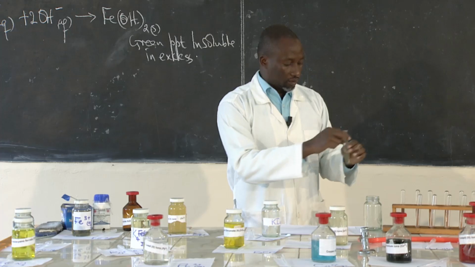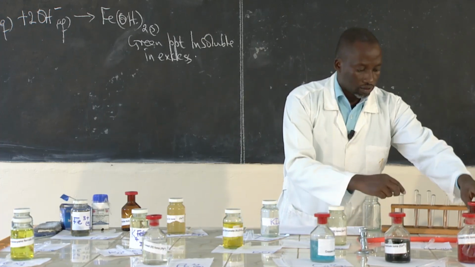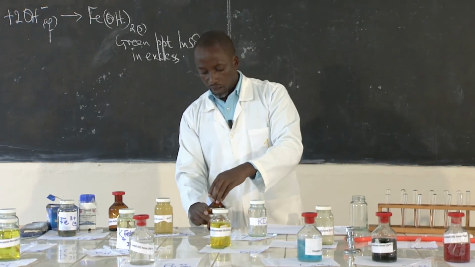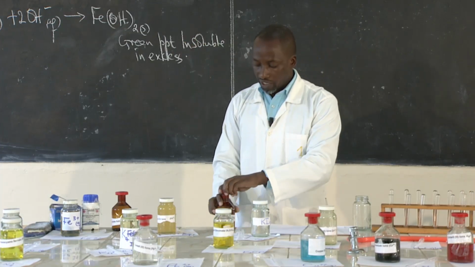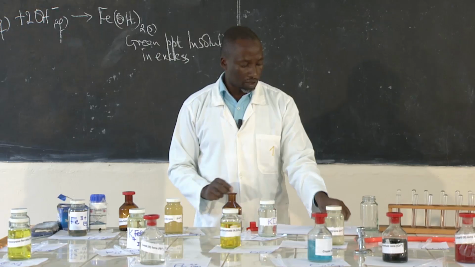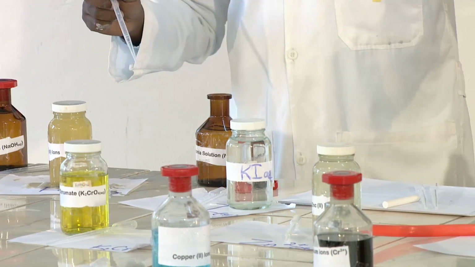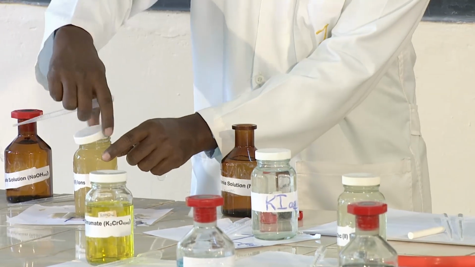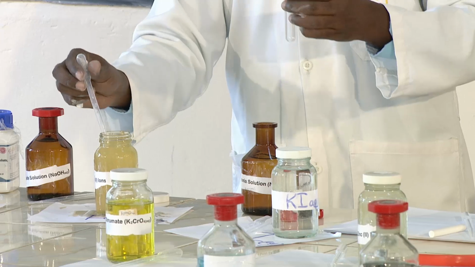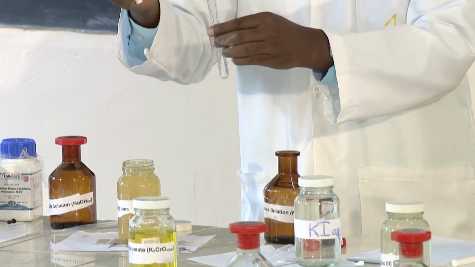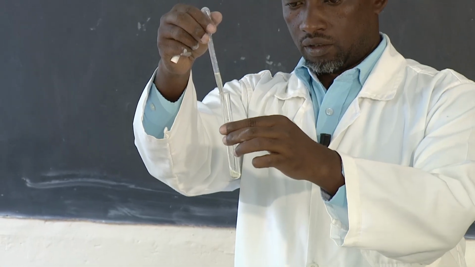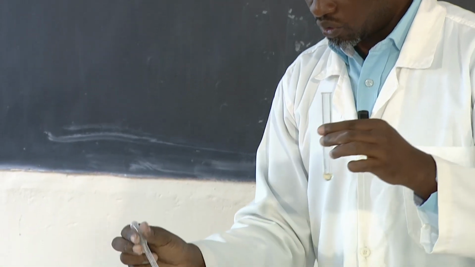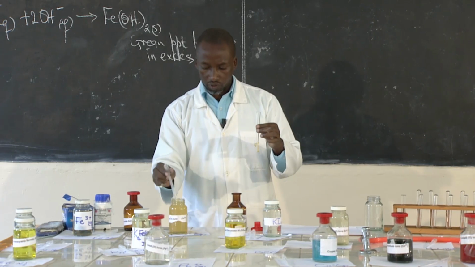So next, we are going to look at the effect of ammonia solution. This is ammonia solution, with the same iron 2, and then we'll see what happens. Please, you don't need to use a lot of solution with this qualitative analysis.